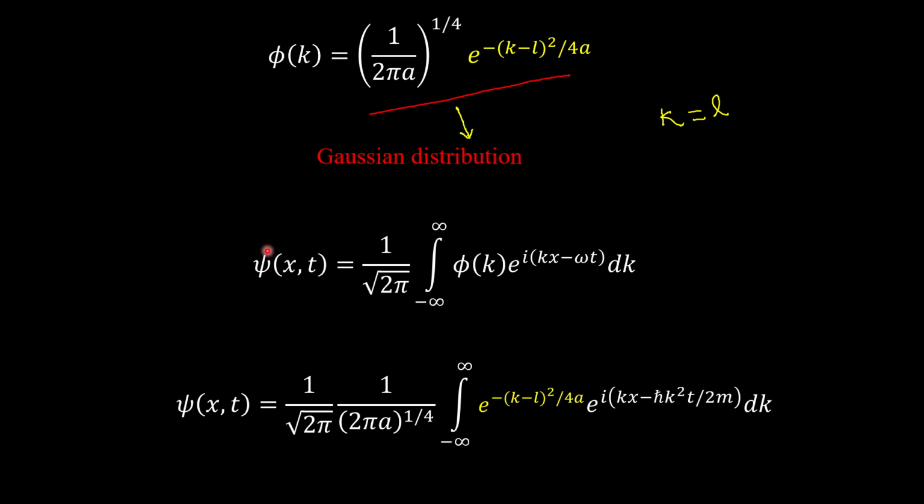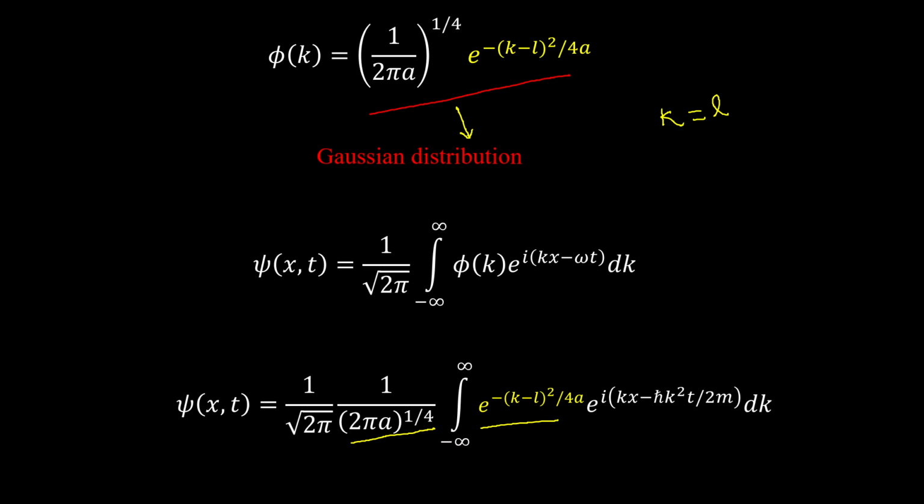Now you can take the Fourier transformation of this. That is, psi of x and t, by definition, is 1 over square root of 2 pi integral from minus infinity to plus infinity psi of k e power i k x minus omega t. Here you replace psi of k, which is this 1 over 2 pi a power 1 over 4 and this exponential term.